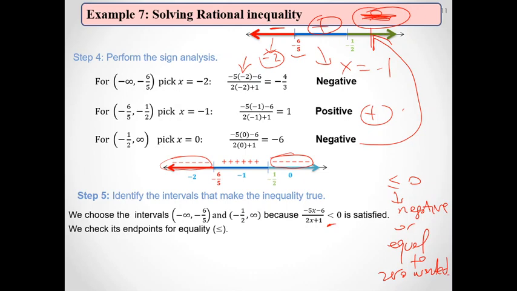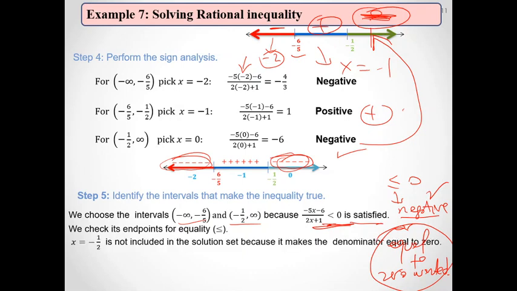For these intervals, we are fine. It's negative. What about the equal to 0? What makes the expression equal to 0? So you check the endpoints, which means -1 over 2 and -5 over 6.